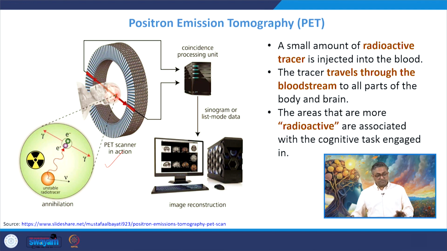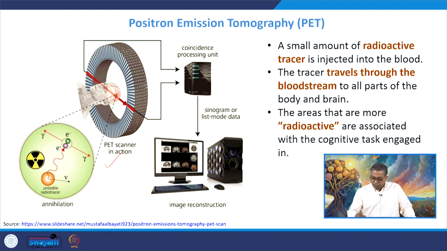Now some researchers, memory researchers, are a little particular about using this PET methodology. The reason being, these radioactive components which are being used are injurious to health. As a result, it may have a deeper impact on the human body in the long run.